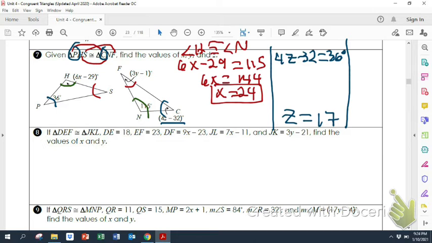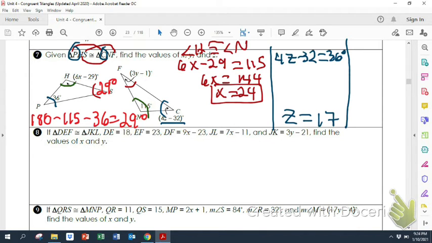Remember, if we know that one angle is 115 and another angle is 36 degrees, we say 180 minus 115 minus 36 is going to give us 29 degrees. So by using our angle sum theorem, we know that angle S is 29 degrees.